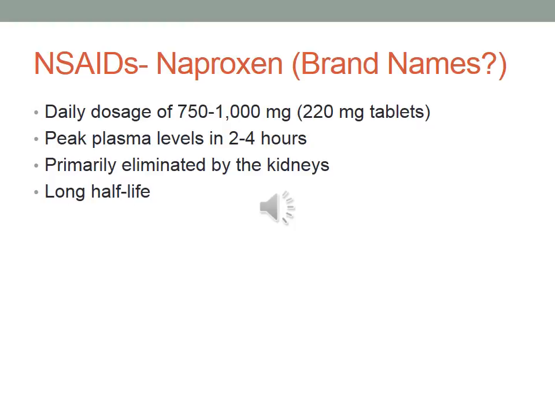Your peak plasma levels in 2 to 4 hours. This drug is primarily eliminated by the kidneys. The half-life is longer, so the difference with this and ibuprofen, you don't have to take naproxen as often as you have to take ibuprofen. The half-life is about 12 hours, so usually this is taken on a twice-a-day schedule when it is suggested to patients.